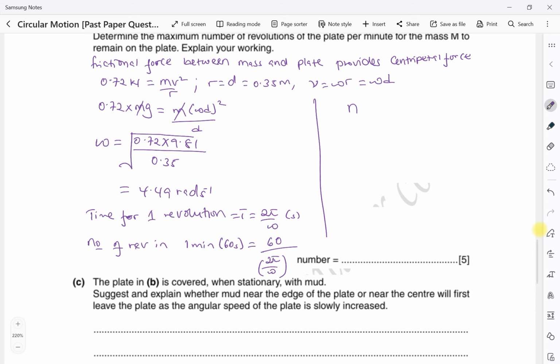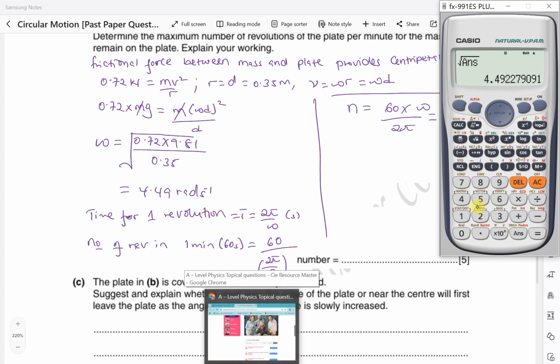So that number is going to be equal to 60 times omega divided by 2 pi, which is 4.49 times 60 divided by 2 pi.